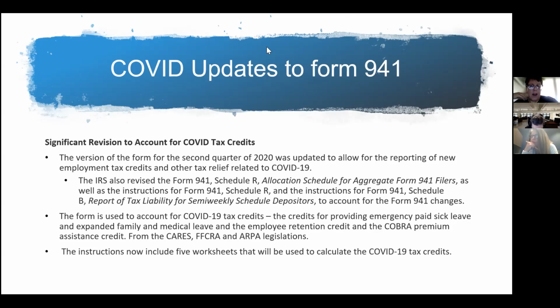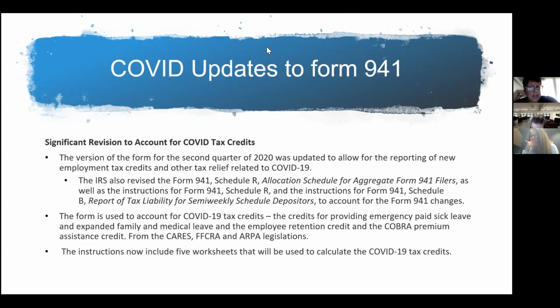They also revised the 941 Schedule R for aggregate form 941 filers, as well as the instructions for Schedule R, and Schedule B for the weekly depositors, to account for all these changes. We'll get into what Schedule R and Schedule Bs are in a little bit.